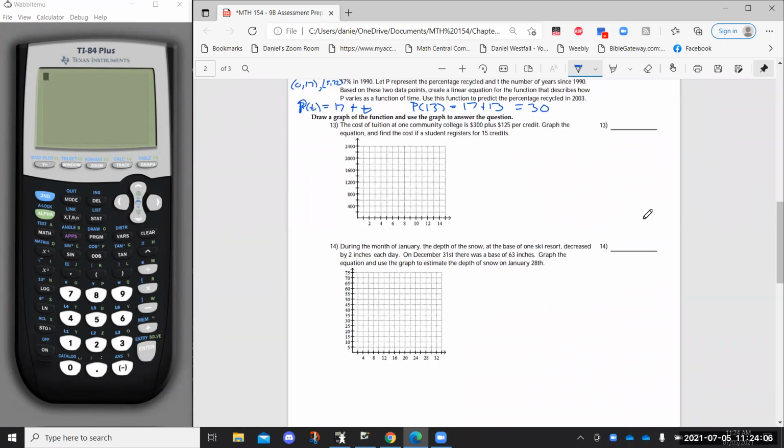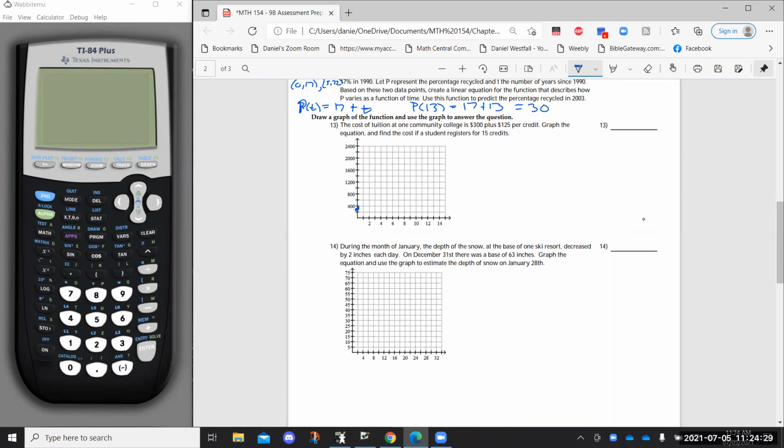Draw a graph. Terrible at drawing graphs, but I'm going to try. Tuition for community college is $300. These are 200s, so 300 is halfway between 200 and 400. It's right there, plus 125.